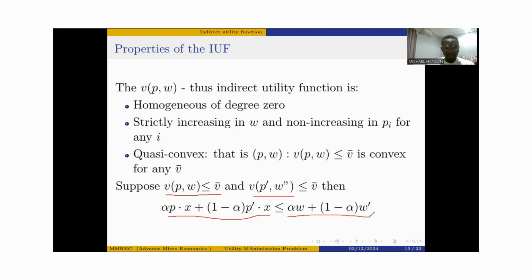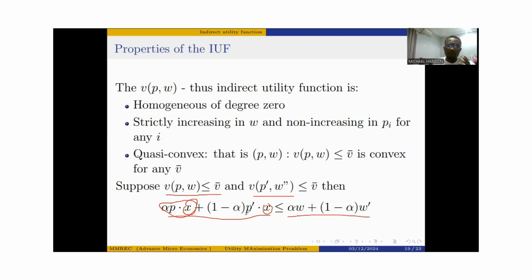Now, let me take it again from here. We are saying that this is the demand, and it's a new demand, at a new price, at an old price. If this expenditure is less than how much you can afford, that means that you can consume another thing, which is also less than what you can afford.